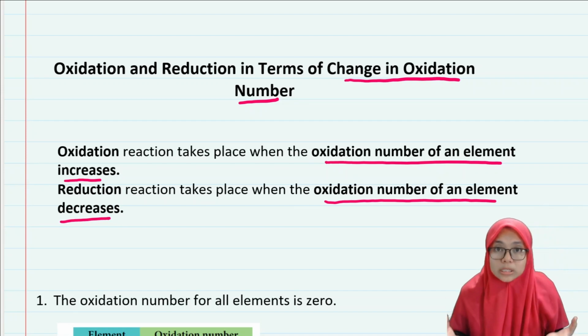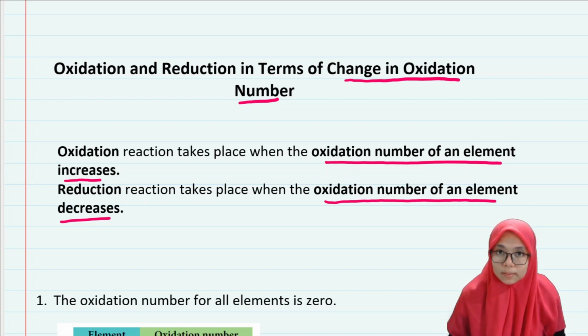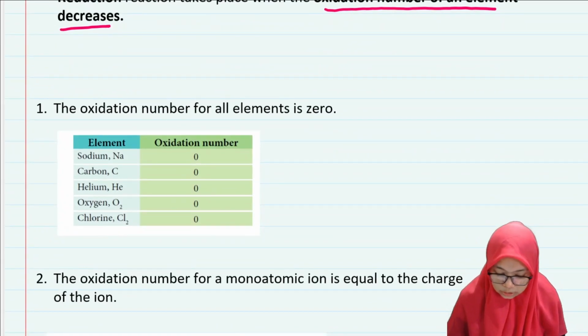So what is oxidation number? In order to understand the change in the oxidation number, you have to know 8 rules that comply with this oxidation number. So let's look at the first rule for oxidation number.